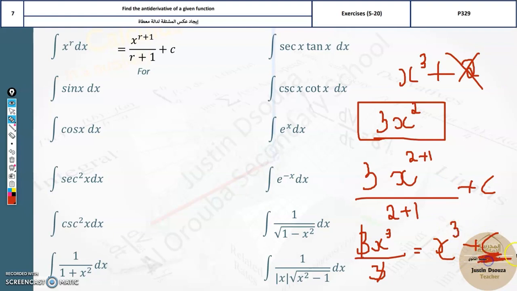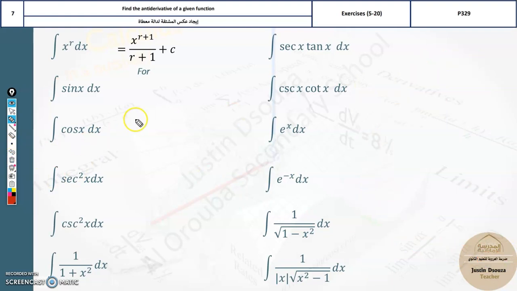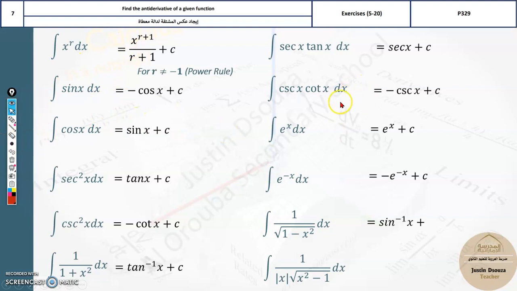So we write this c. It might be any constant over there. This is the reason. Now, we can see the other formulas. They are very, very simple. If you understand the derivatives, integration is very simple. But you need to be very thorough with derivatives, and then you can understand integration easily.